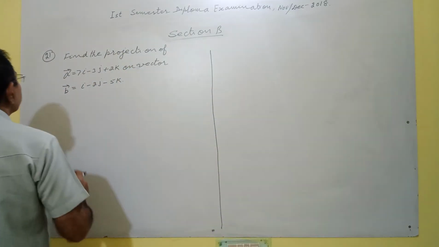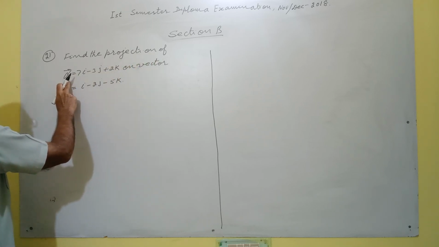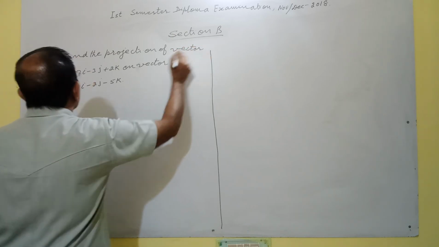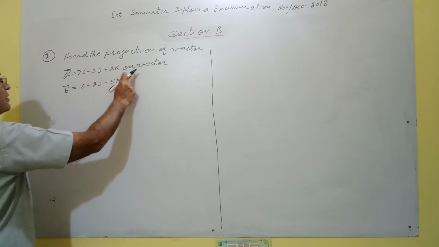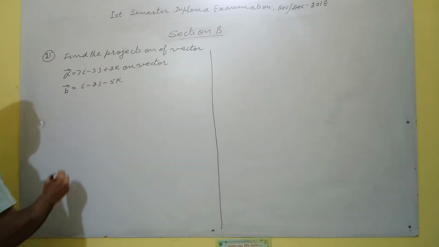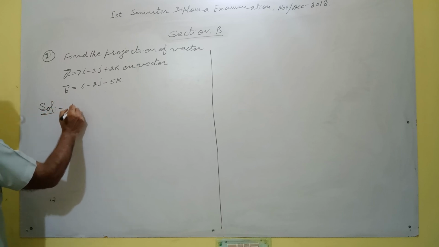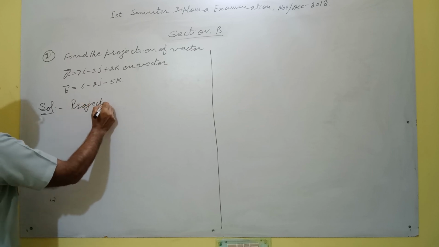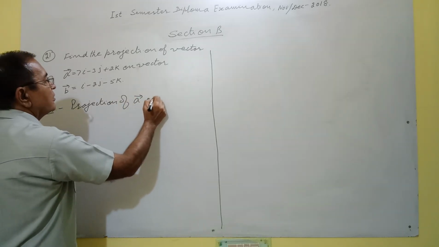Next is sum number 21. Find the projection of vector A equals 7i minus 3j plus 2k on the vector B, i minus 2j minus 5k. So how to find the projection of A on B?